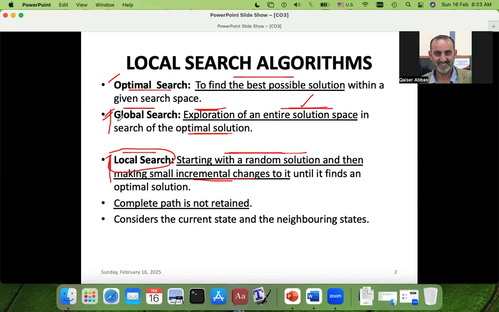Then we will have the global search. And the optimal search we already know from the previous lecture. So basically, this chapter is about local and global searches. Sometimes there are some deficiencies in local search, and there are some deficiencies in global search.